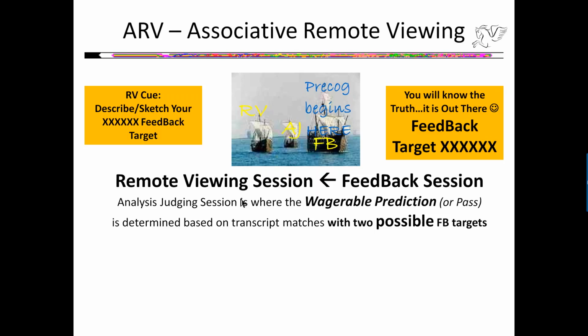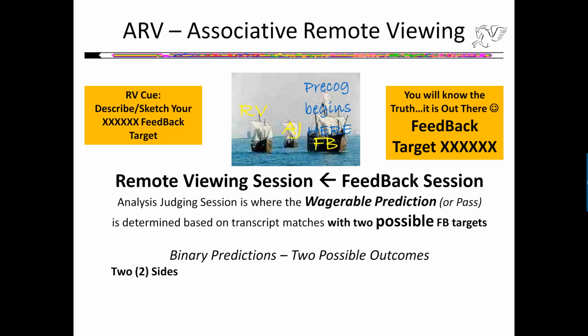Now notice, it's determined based on transcript matches. And I say matches because you have one transcript here with this one coordinate that is a match with two possible feedback targets. Now the reason we have two possible feedback targets is because in ARV, we're doing binary.